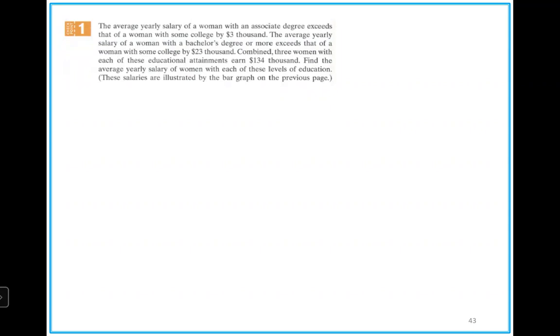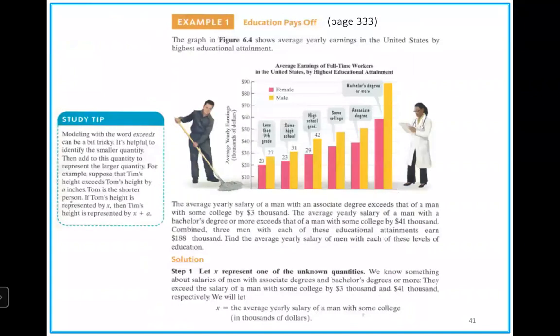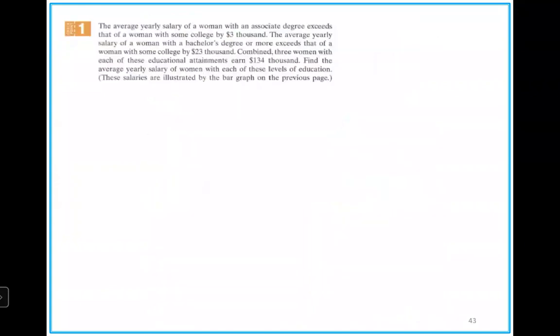Combined, the three with each of these educational attainments earn 134,000. Find the average yearly salary for a woman with each of these levels of education. And we're using the salaries illustrated in the bar graph on the previous page, which would be this one here.